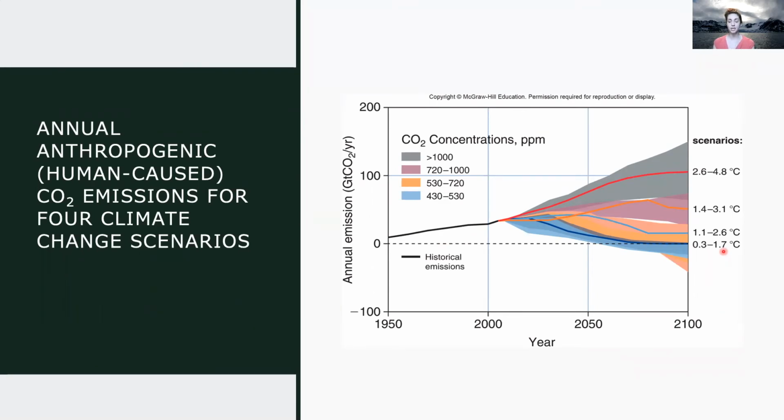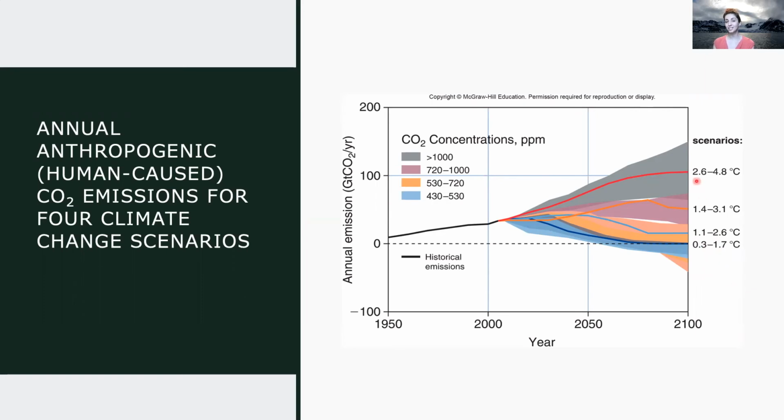A lot of mitigating practices are being taken into consideration, meaning that we are no longer following business as usual. There are all of these practices in place to lower the amount of projected CO2 in the atmosphere, which would then cause the increase in our temperature to be lower.